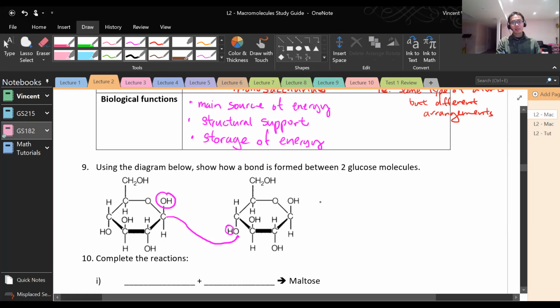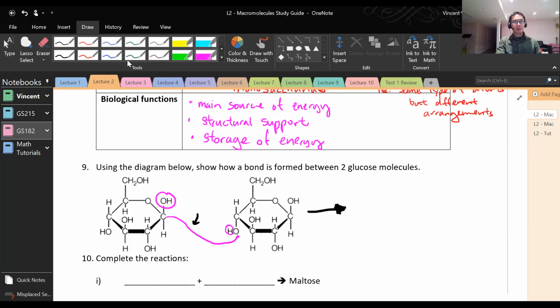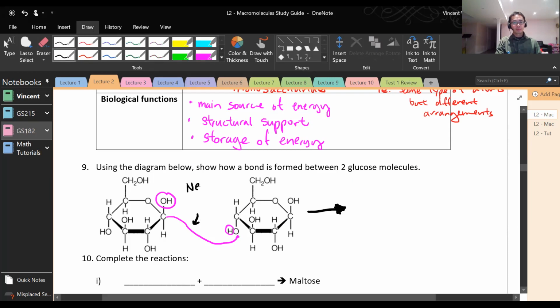When you do that, you will form a new bond. This is a new covalent bond. It has a name, but who cares? It's going to look like this. So you're going to have a new bond. I'm not gonna draw everything else.